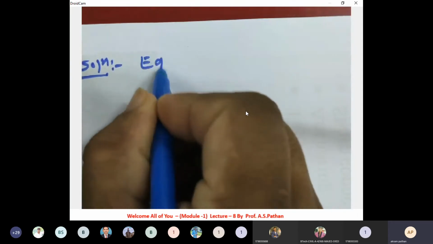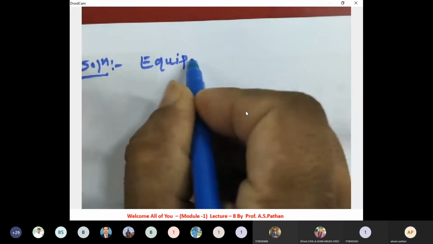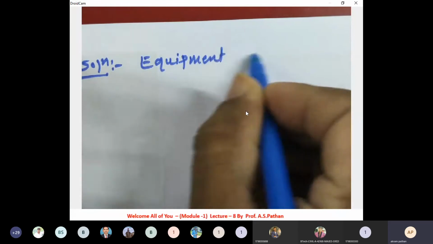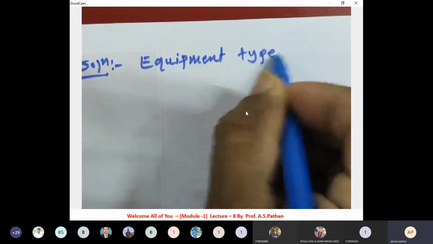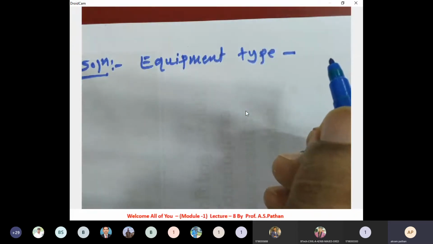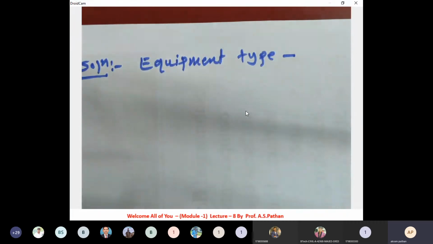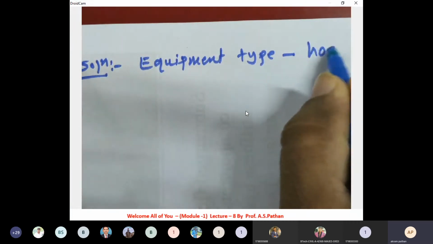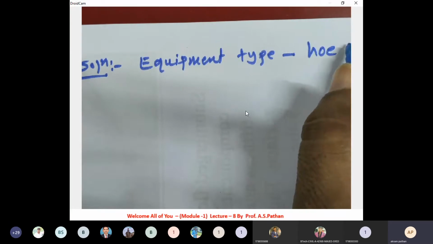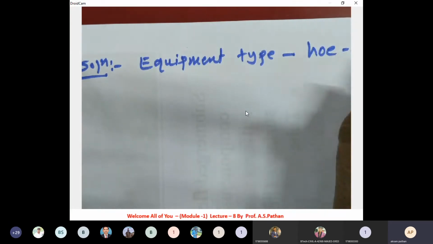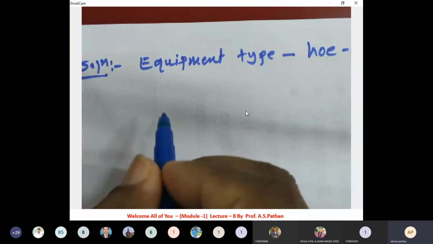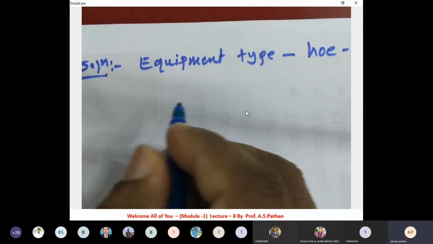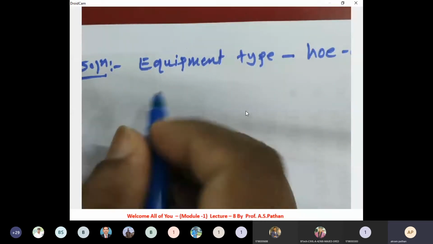What type of equipment is there? Hoe, or you can say it is also termed as JCB, right? Hoe or JCB. Then bucket capacity is given.